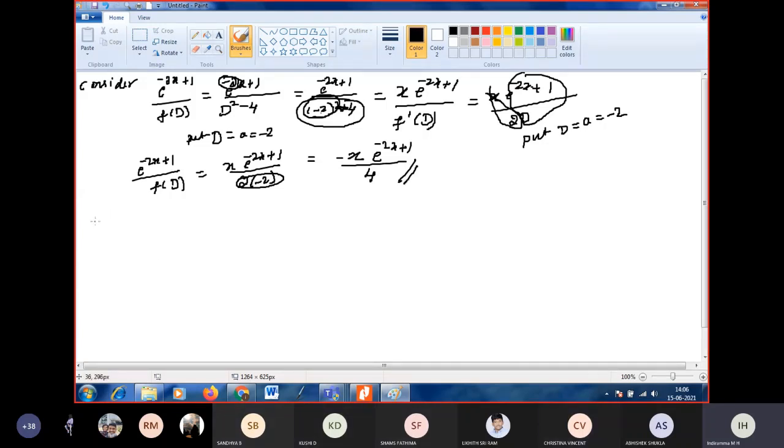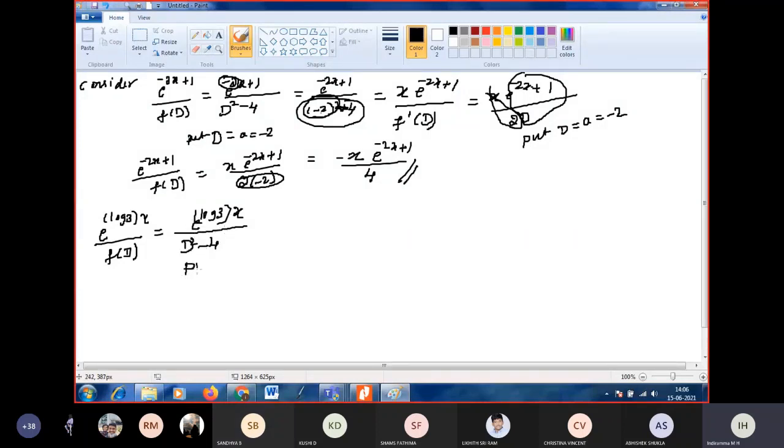Next, consider the last term. Last term is what? e to the power of log 3 into x by f of D, which is equal to e to the power of log 3 into x by f of D. f of D is D square minus 4. So now it is like e power ax by f of D, type 1.